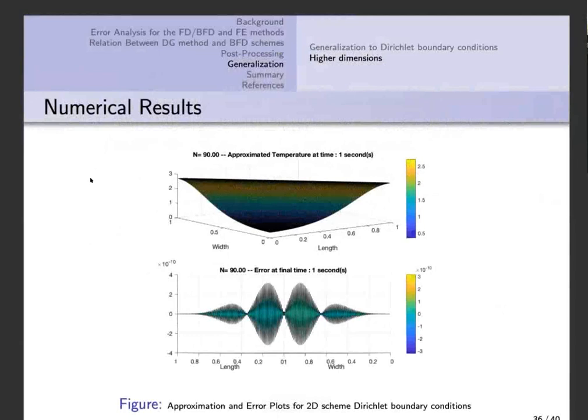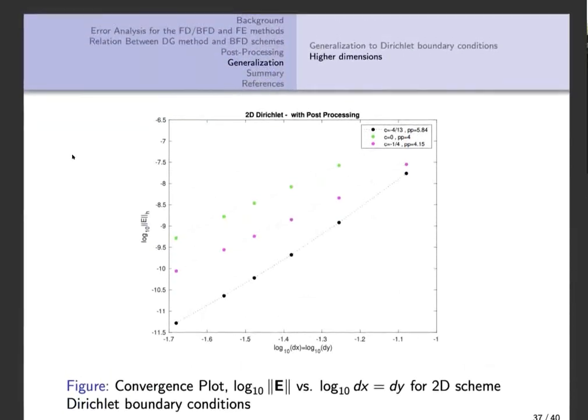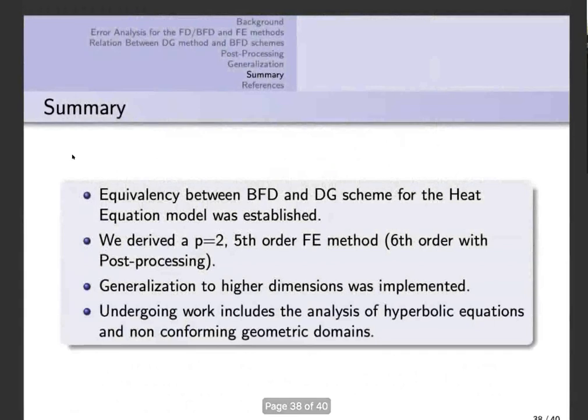Basically, the number of nodes on the grid is 2 times what is written in the title, since we have h divided by 2 distance. And we get, as expected, a 5th order with post-processing. So the generalization was made and fully implemented.